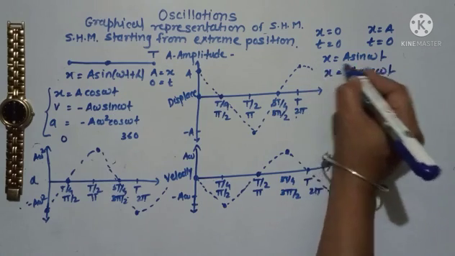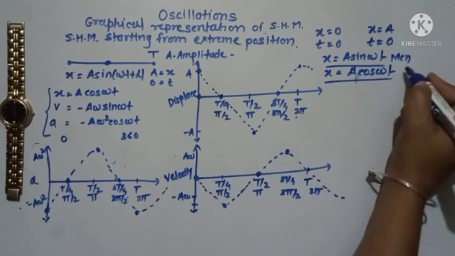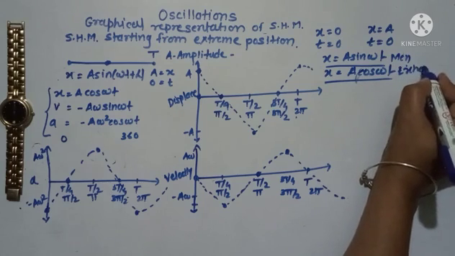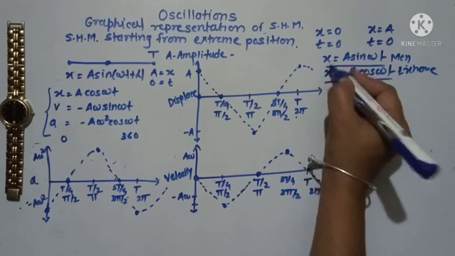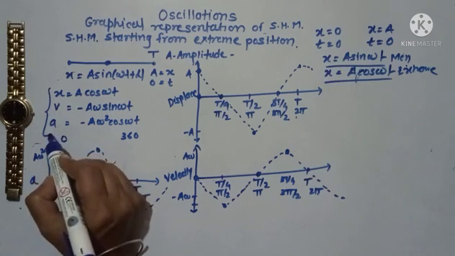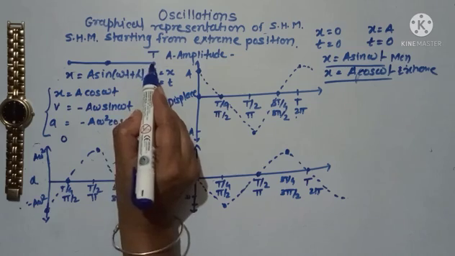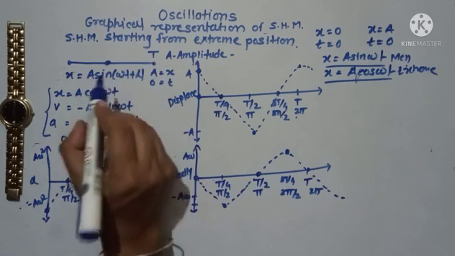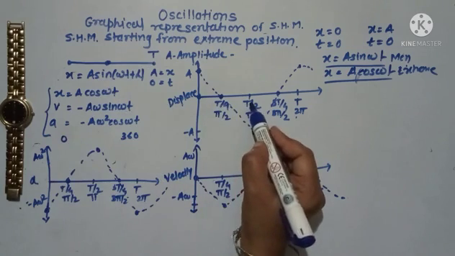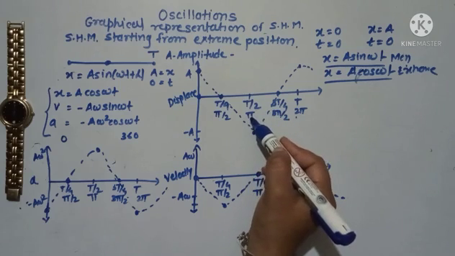And once you know the displacement, so this is for the mean position and this is for the particle starting from the extreme position. Now once you know these displacement equations, you can calculate the velocity and the accelerations. And if you know the relation between the time and the phase, when the time is equal to T by 2, that is related to the phase of pi.